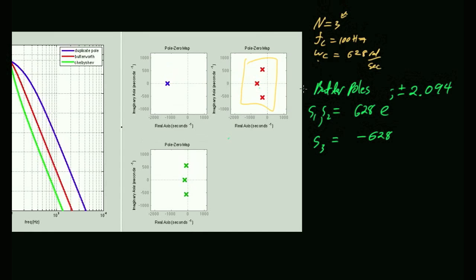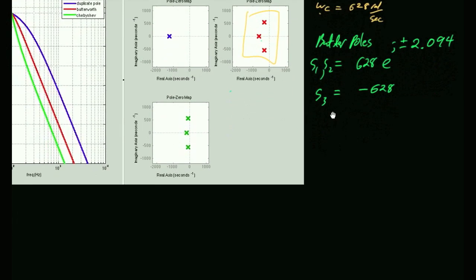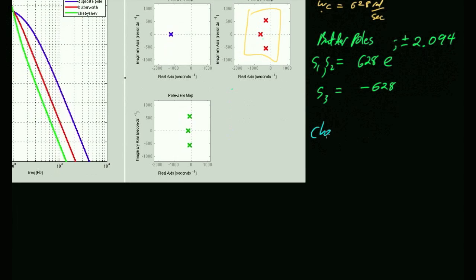Now, supposing I decide to build a Chebyshev filter. Chebyshev. So same thing. Third order, same cutoff frequency. But in this case, my poles are going to have to be at different frequencies.